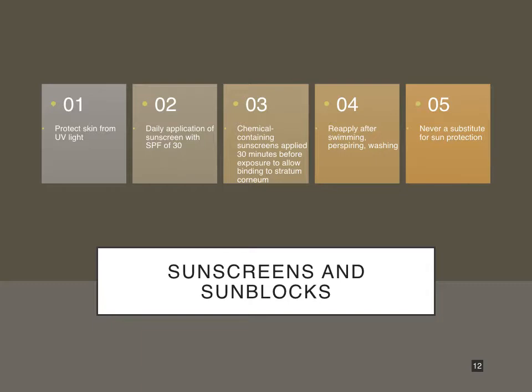We usually do not recommend that these be applied to infants less than 6 months old, again, because of the thin outer layer of the skin and the increased absorption. And we should remind parents that sunscreens should not be considered a substitute for sun protection, like umbrellas and hoods and hats and long sleeves and other ways to protect the skin.